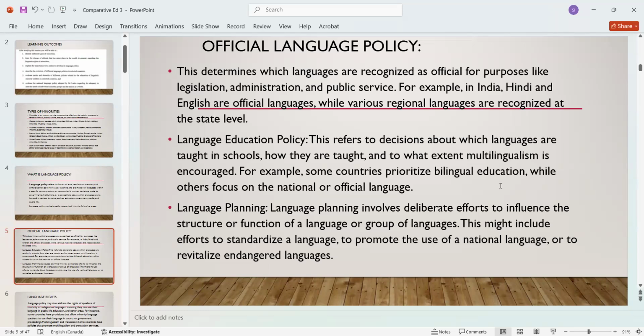So language education policy refers to decisions about which languages are taught in schools, how they are taught, and to what extent multilingualism is encouraged.